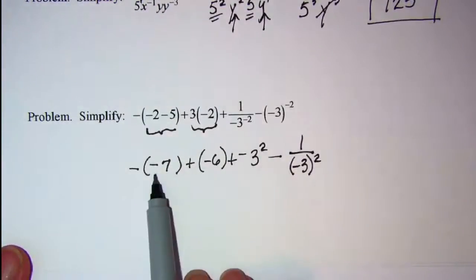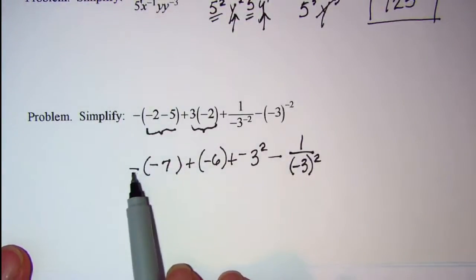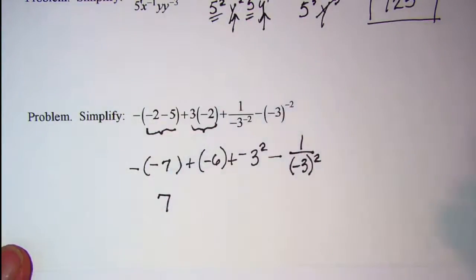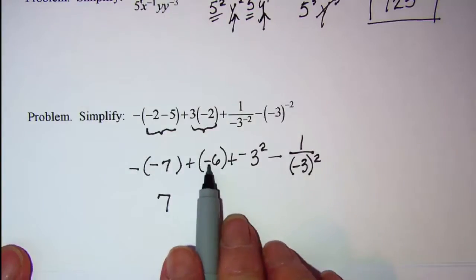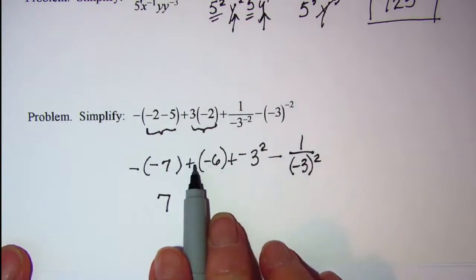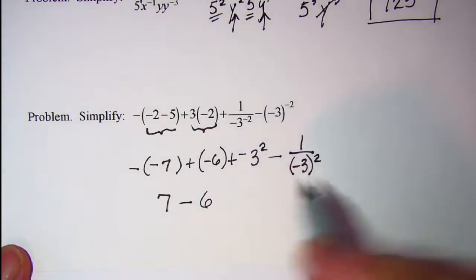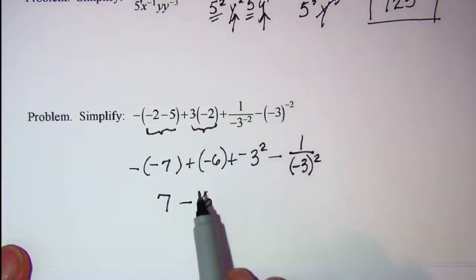Alright, so now this minus minus, I can make that a positive 7, and I'll write that just as 7. Plus a negative, I can write that with a negative sign. You simplify by just writing one sign, either plus or minus.